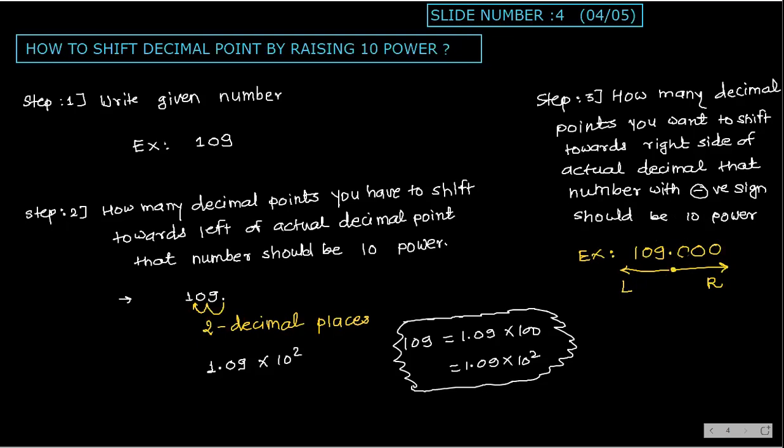I want to shift this decimal to the right side now. Let us suppose 1, 2, and 3 decimal places. So can I write like this: 109000 into 10 to the power minus 3. Understand?